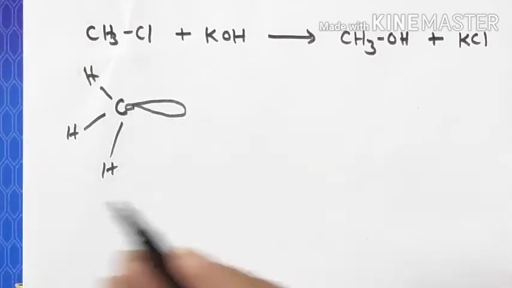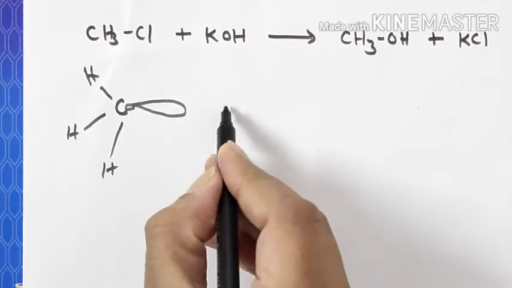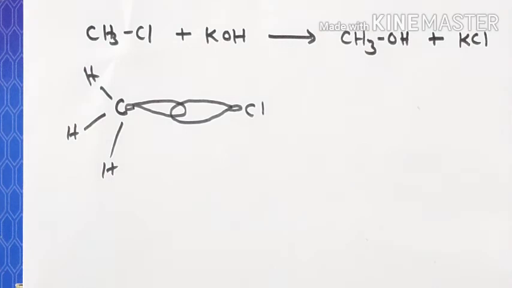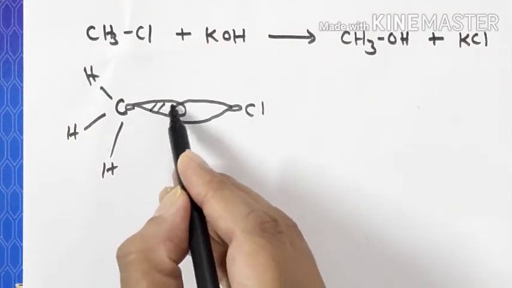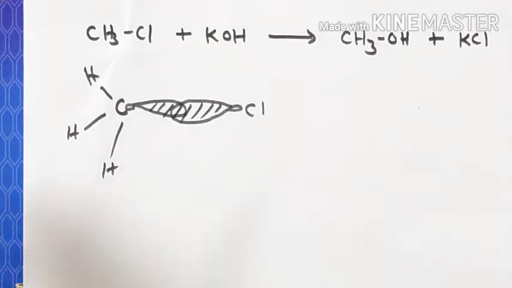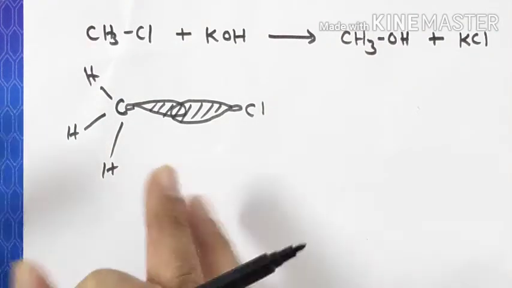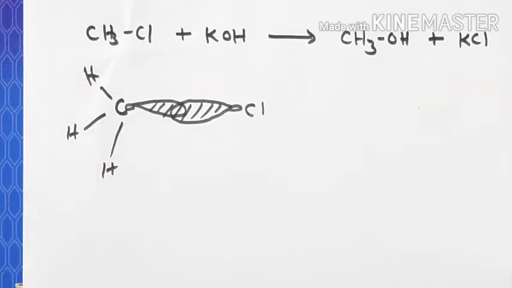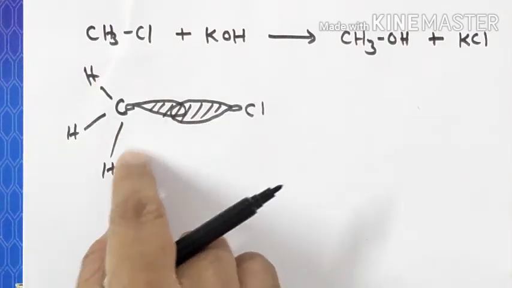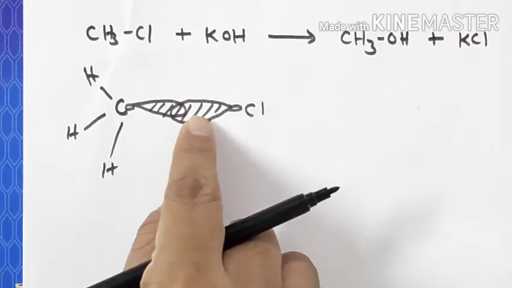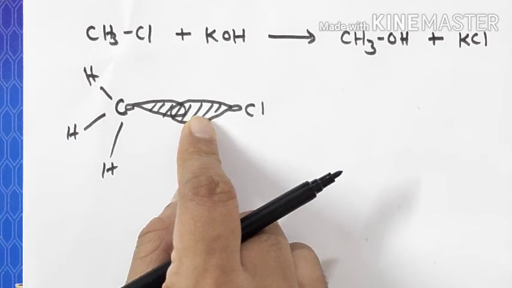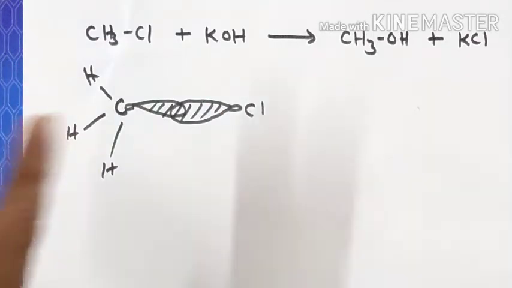Suppose this is the hybrid orbital of carbon, and here is chlorine, and these are electronic waves which are shared. This is methyl chloride, and we understand it has a tetrahedral structure. So the hydrogens and this carbon-chlorine bond will be present in different planes.